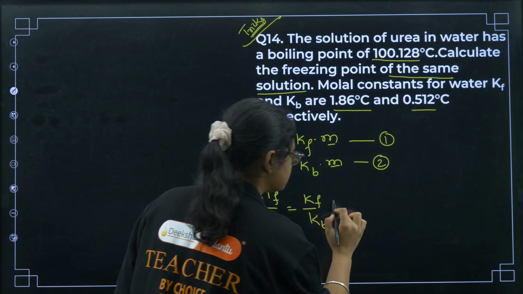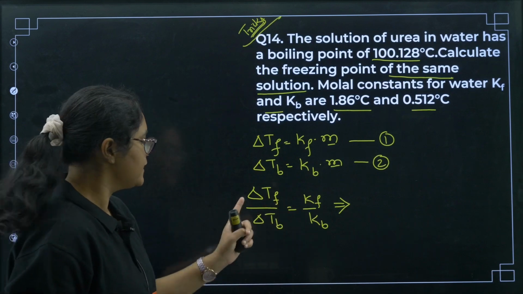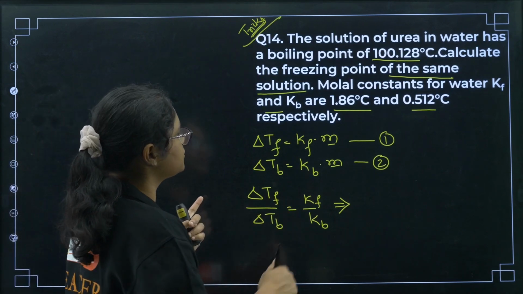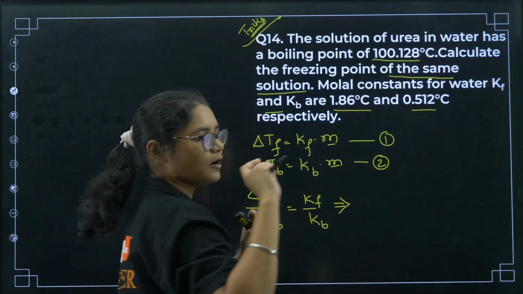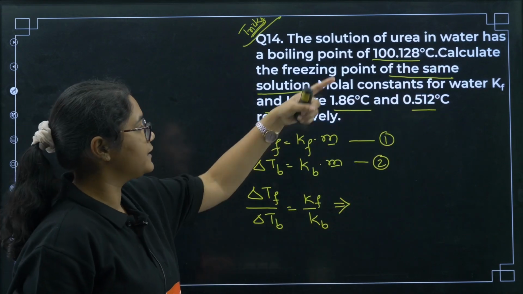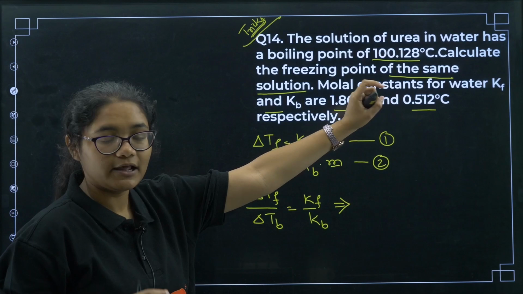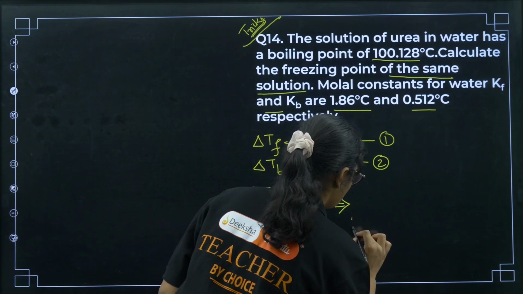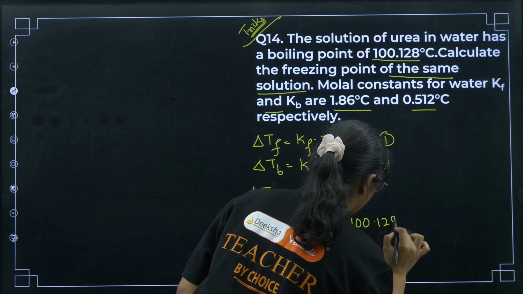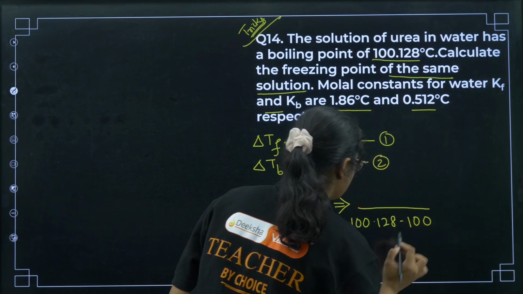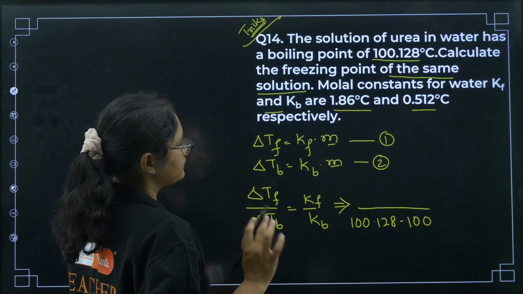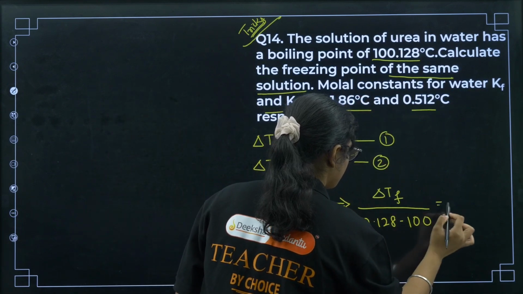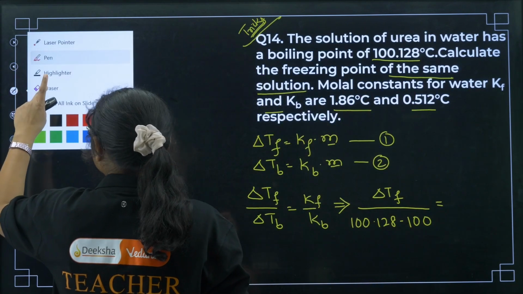Now see, what is delta Tf value? Generally we know the water boiling point is 100 and now it is 100.128. So that means delta Tb value will be 100.128 minus 100. Delta Tf value we don't know, so we'll just put it as T naught f minus Tf.